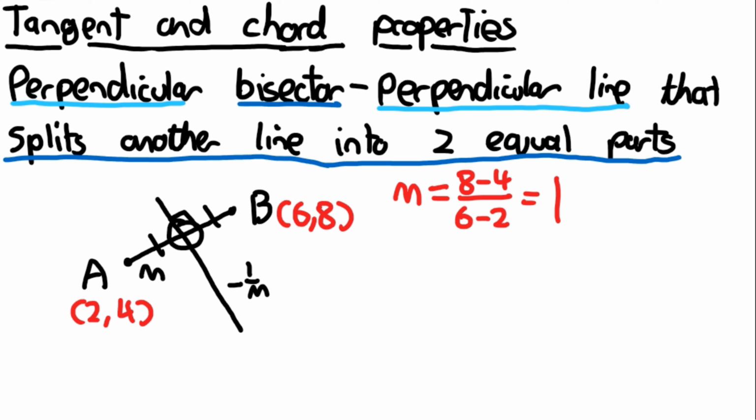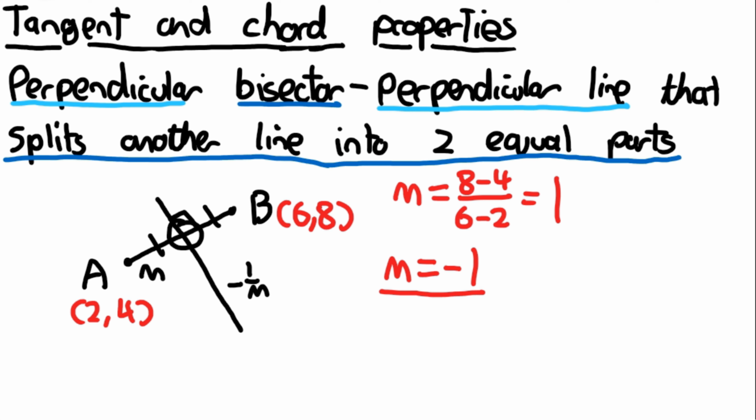And therefore we can find the gradient of the perpendicular bisector, being the negative reciprocal of 1, which is therefore just going to be minus 1. So that's the gradient of the perpendicular bisector.